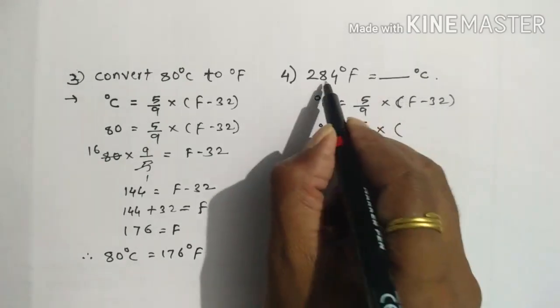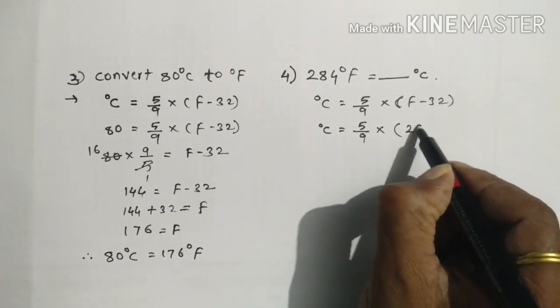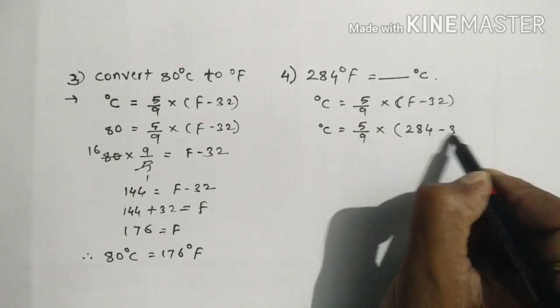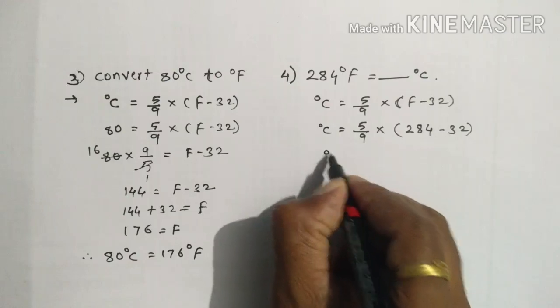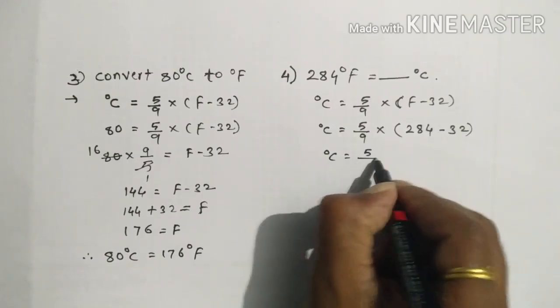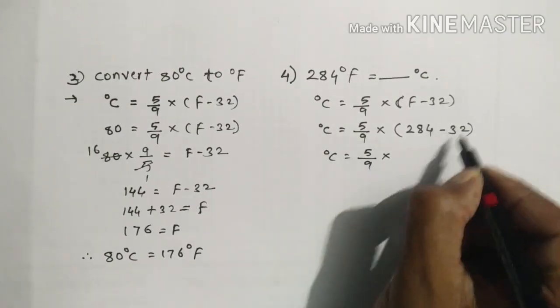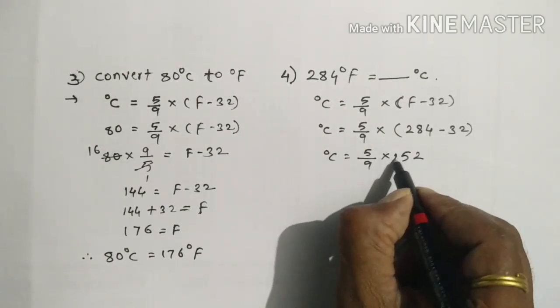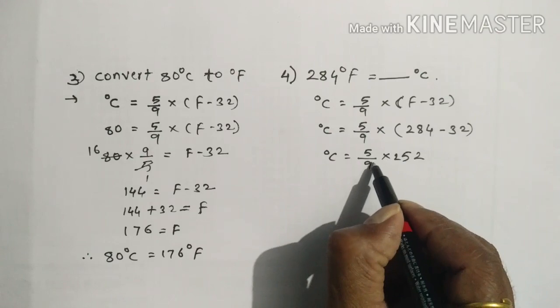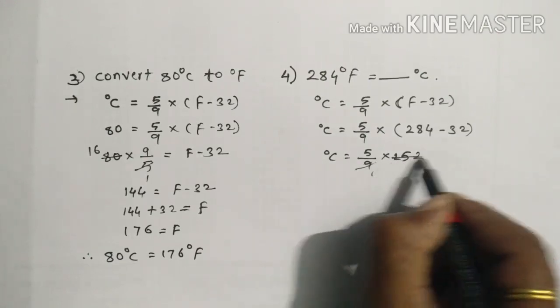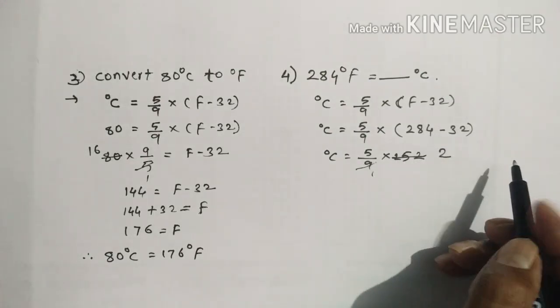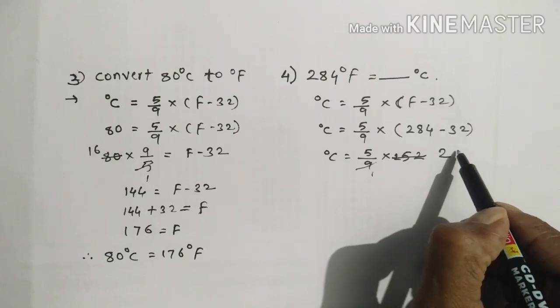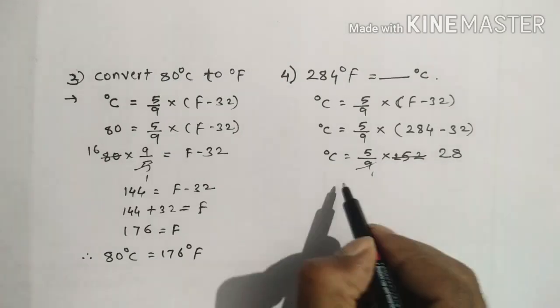F means Fahrenheit, and how much Fahrenheit is given here? 284 minus 32. So degree Celsius is equal to 5 by 9 multiplied by 4 minus 2 is 2, 8 minus 3 is 5, and 2 is 2. We can simplify it. 9 ones are 9, 9 twos are 18, remaining 7, 9 eights are 72.